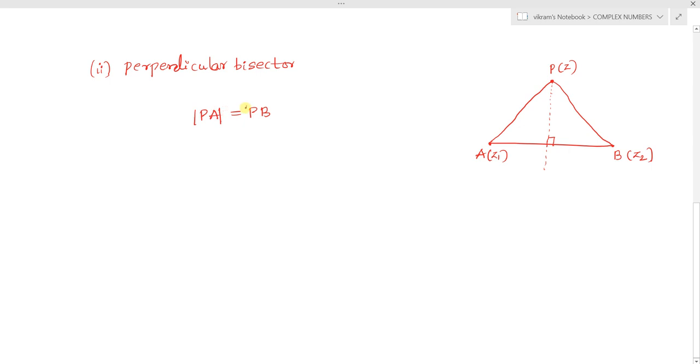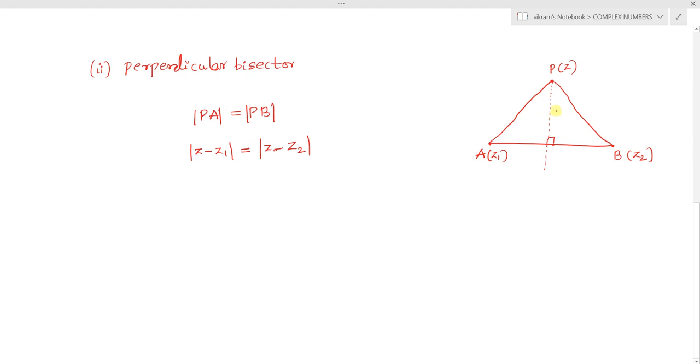So we can write: mod of z minus z1 equals mod of z minus z2.